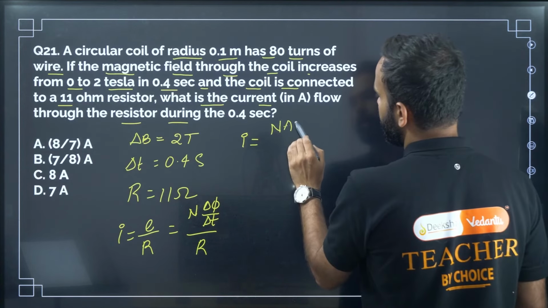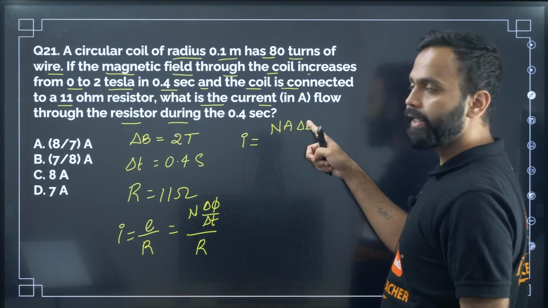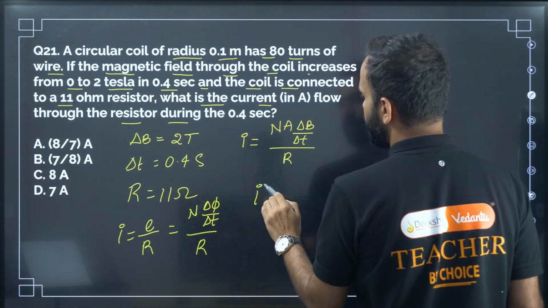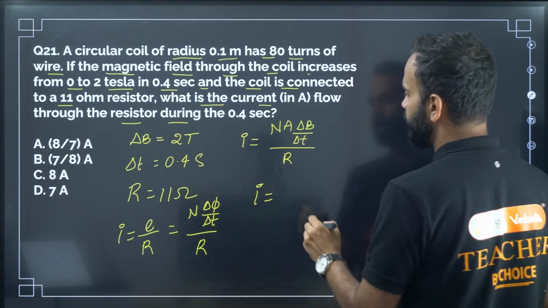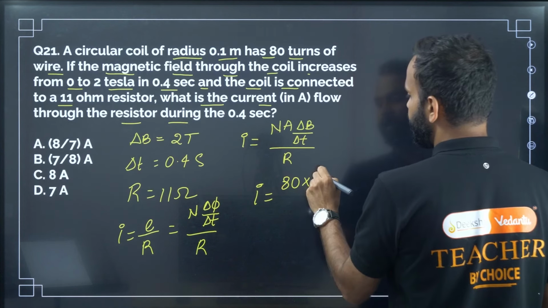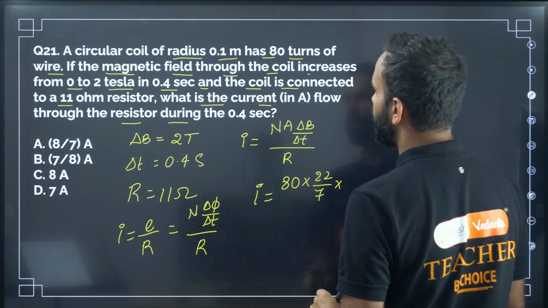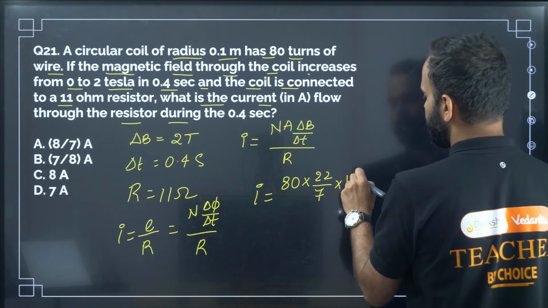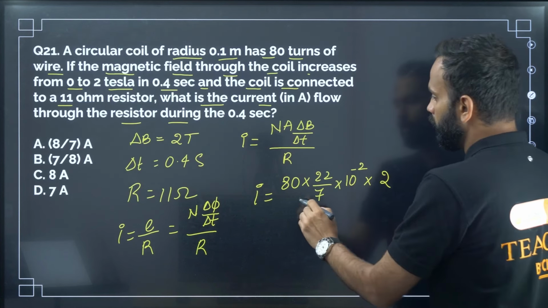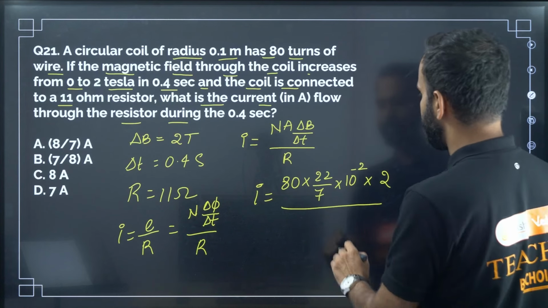So delta phi, the change in magnetic flux, equals A into delta B. So I equals N, 80 turns, into area A, which is pi R square, with pi as 22 by 7, into R square, 0.1 squared, which is 10 to the power minus 2, into delta B, which is 2, whole divided by R, the resistance, 11.